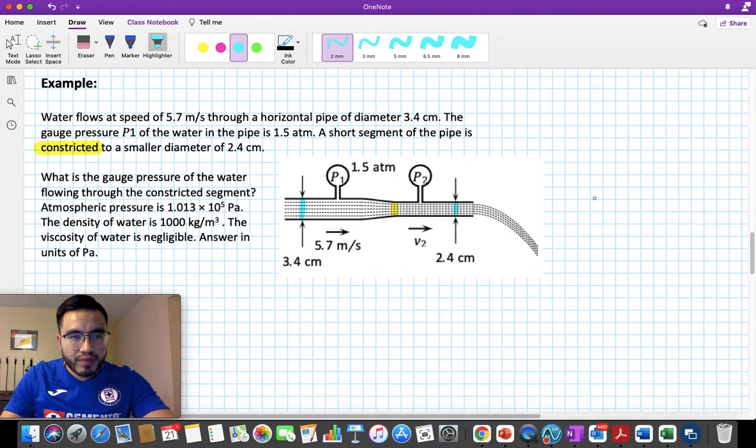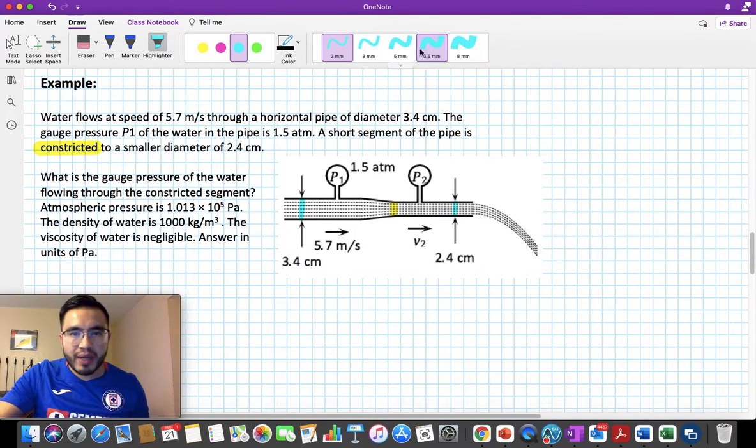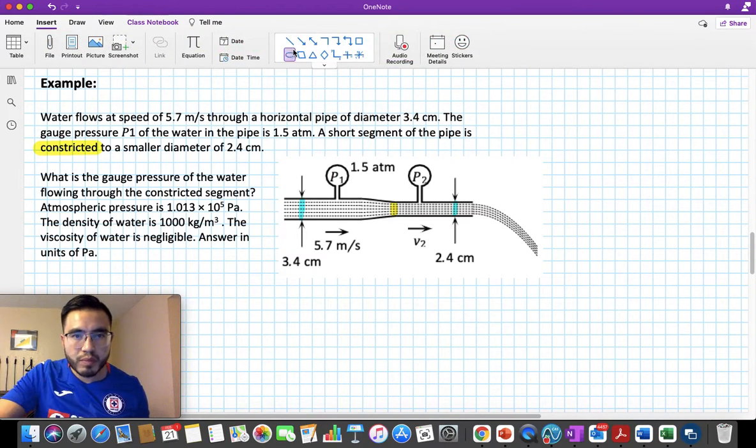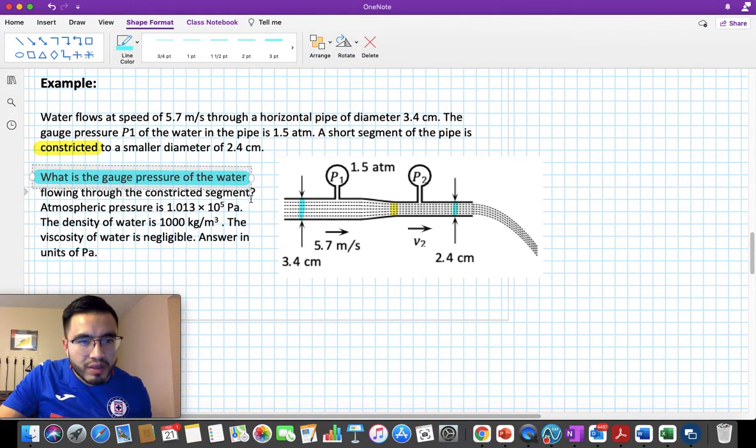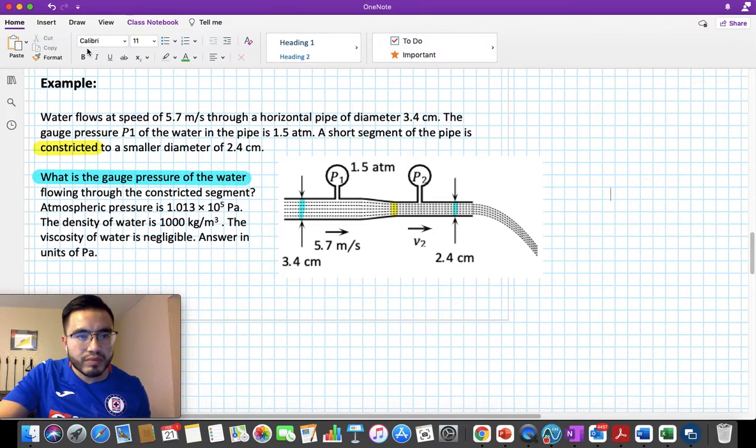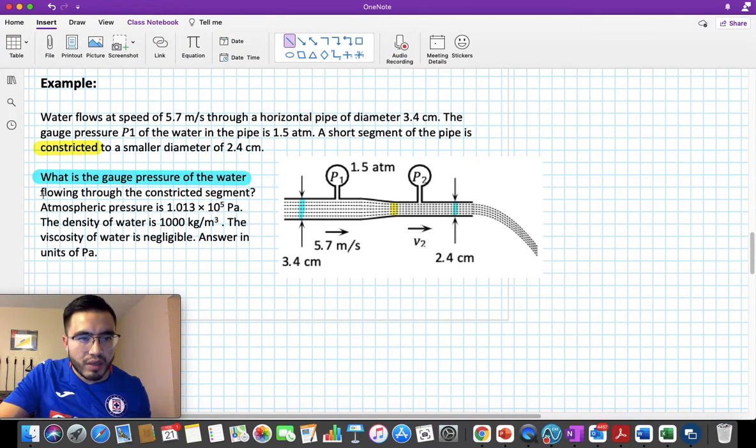So let us start with the given. Well, let me highlight what we need to find. We need to find the gauge pressure flowing through the constricted segment.